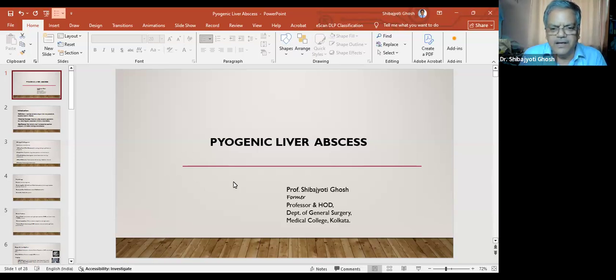However, it's not a very elaborate topic; it's very specific, and I have hardly 10 slides on this topic. But at the same time, I see that amoebic liver abscess is one of the important differential diagnoses of pyogenic liver abscess. So I have combined the amoebic liver abscess along with this pyogenic liver abscess.